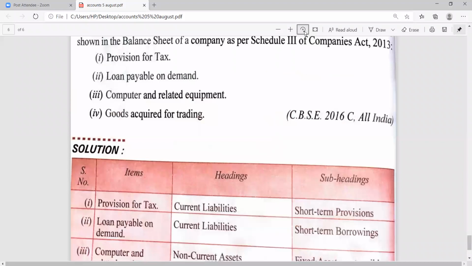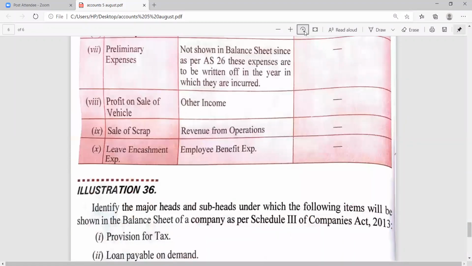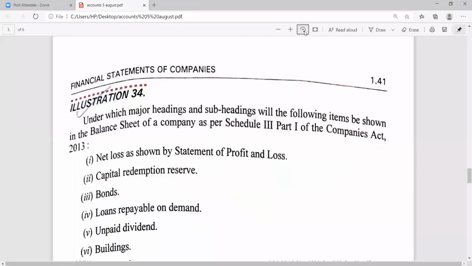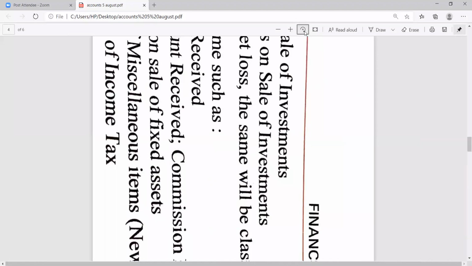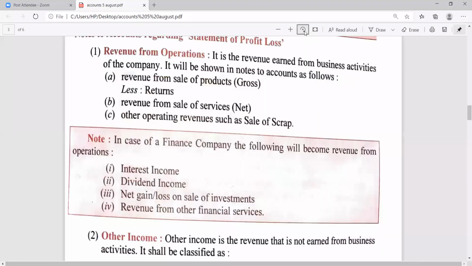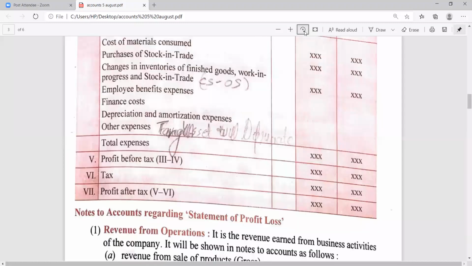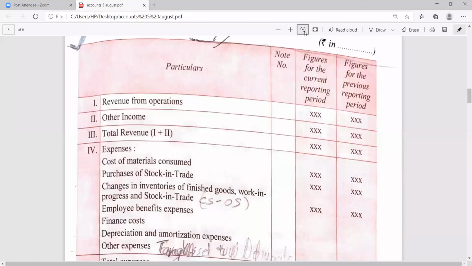Single-year information is not appropriate and doesn't give any meaningful conclusion. So a company is required to make an analysis among them. This is the format of a financial statement. More than one year's financial statements are compiled together to make a comparative study.